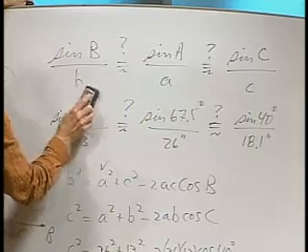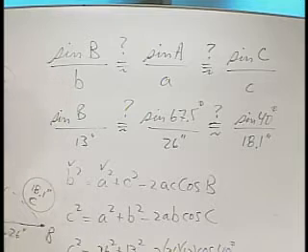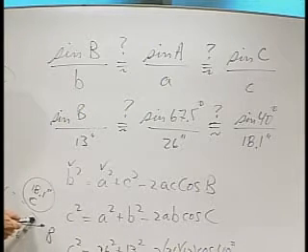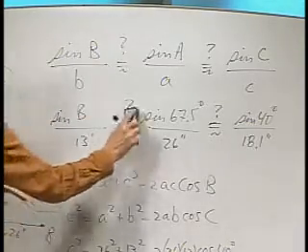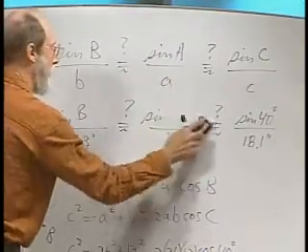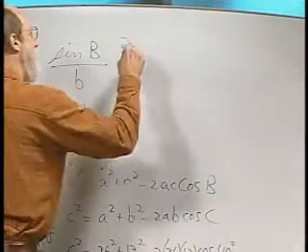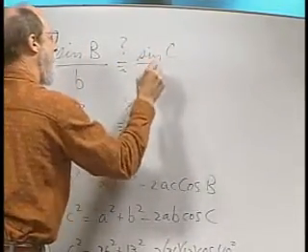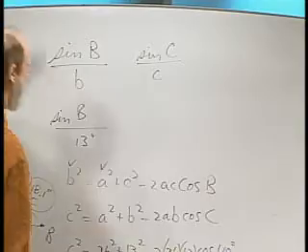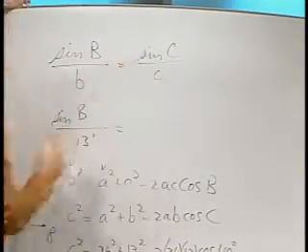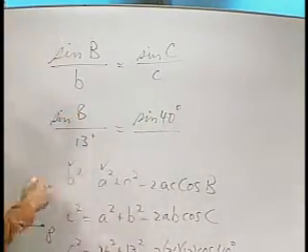We're looking for angle B right here, and the sine of angle B divided by its opposite side, 13, is going to be equal to the sine of C, 40 degrees, over its opposite side length C, which is now 18.1.